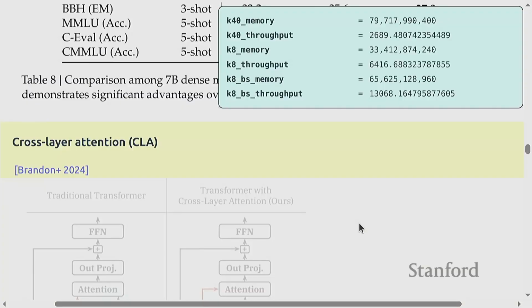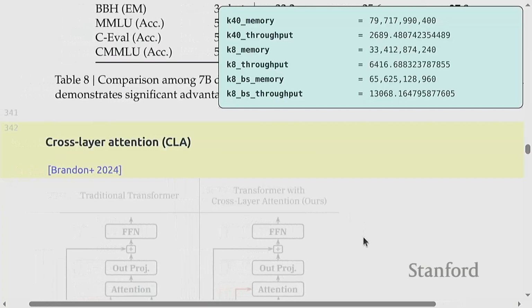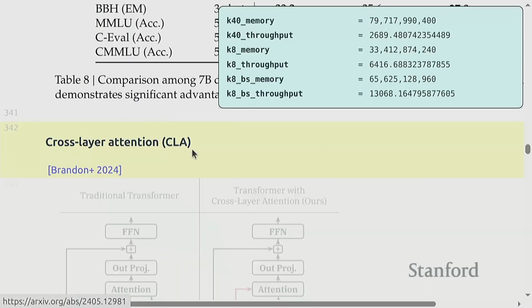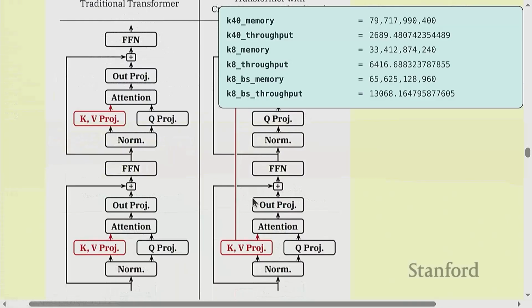Okay, so there's another idea. GQA basically shares key value vectors, you can think of it as sharing within a token and within a sequence. But we can also look at something called cross-layer attention. There's a paper on this, but I think many people have been thinking about this and doing this, so I don't know if this is actually the first paper.